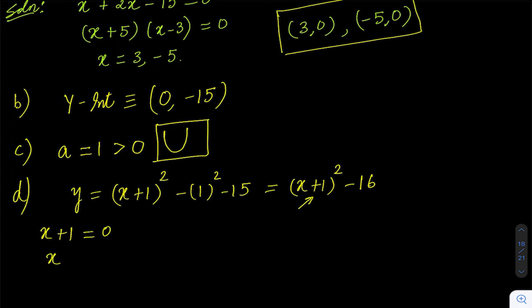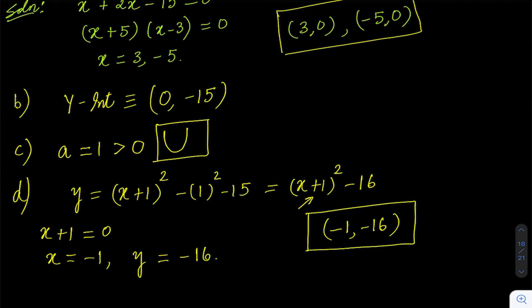X is minus 1. So once you have x, what is my y value? If x is minus 1, this will become 0. Y is minus 16. So my vertex is (minus 1, minus 16). And because it's opening upwards, this will actually give me the lowest point of the graph. So this will be the point where y is minimum.